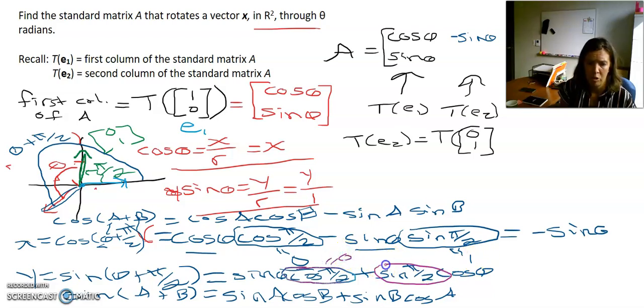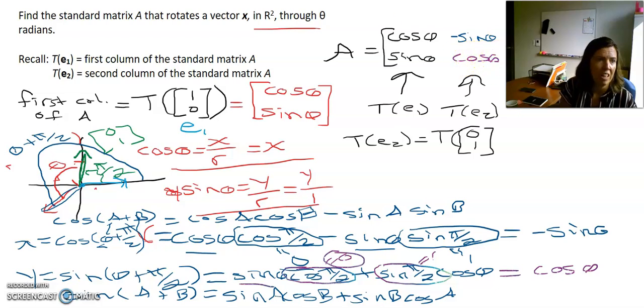Sine of pi over 2 right here, that's 1. So this is sine of theta times 0, so that whole first part is 0, plus sine of pi over 2, which is 1, times cosine of theta. So when you simplify, you get just cosine theta. So this second entry here is cosine of theta. And then that right there is the formula that you're given in the homework.